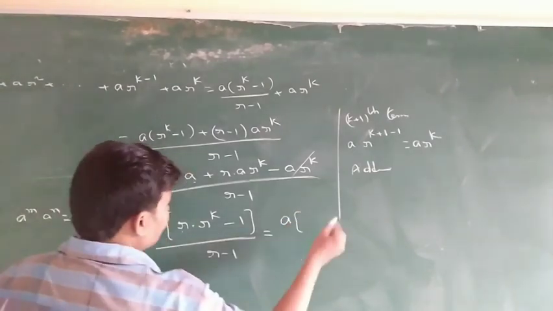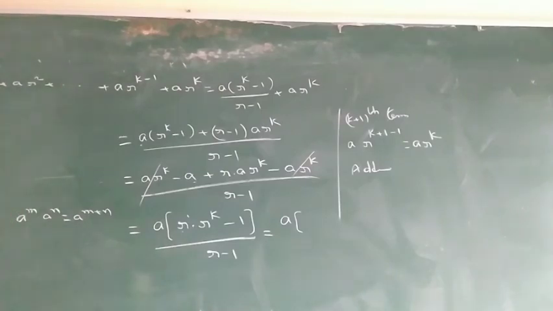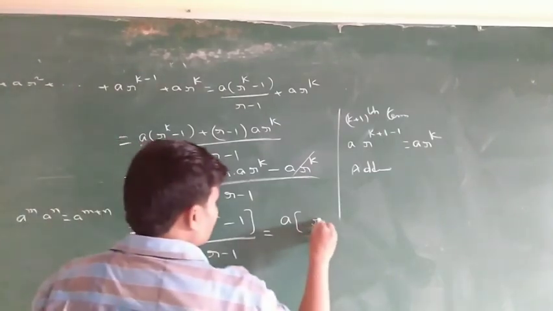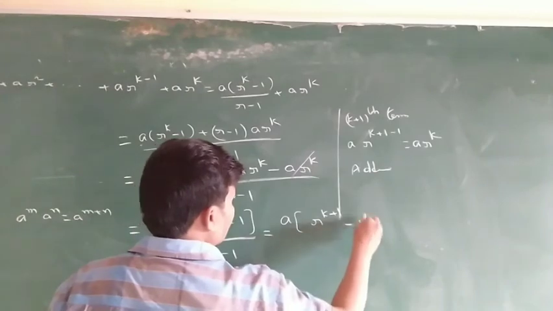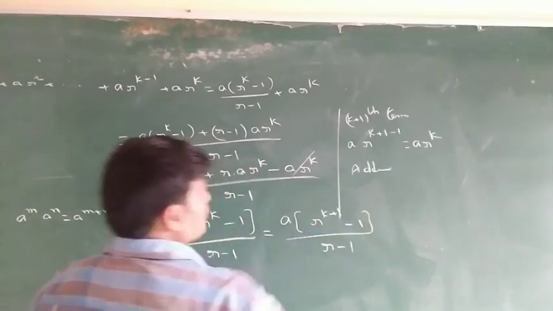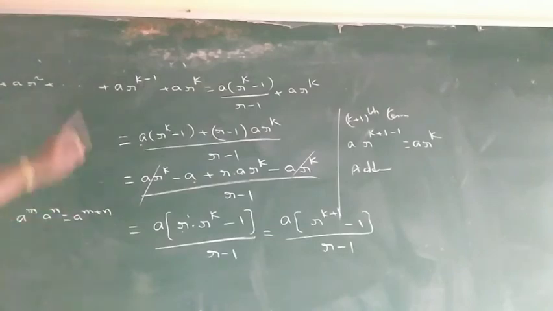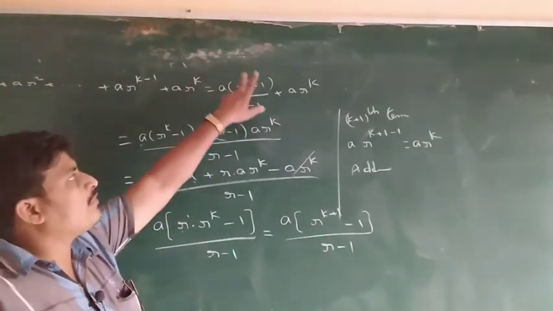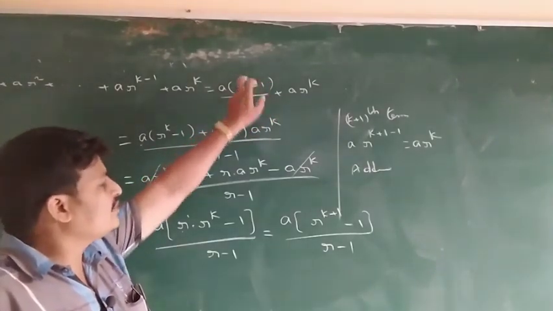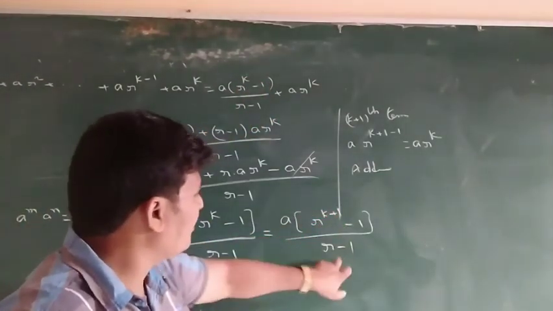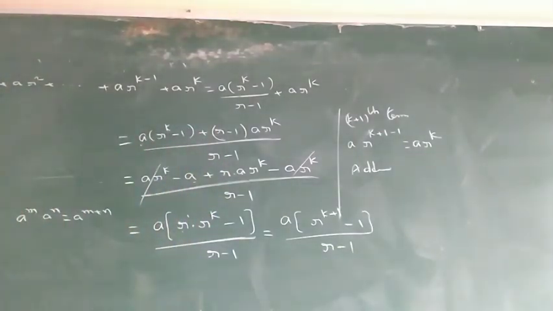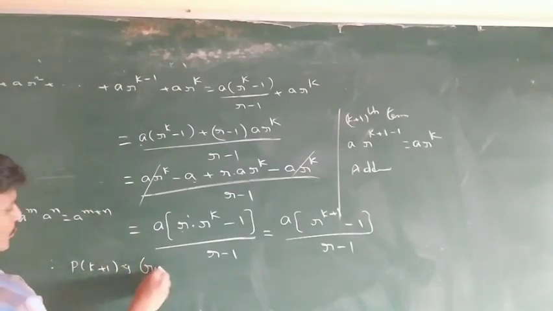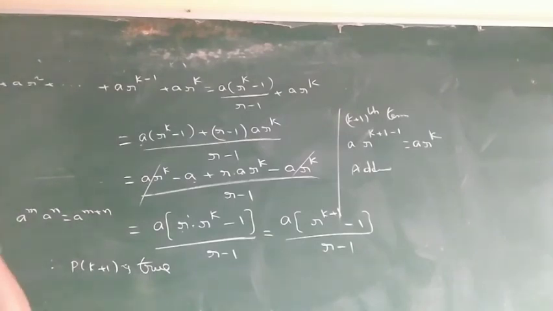So that is equal to a into r power k into r power 1, r power k plus 1, so a into (r power k plus 1 minus 1) by (r minus 1). Now, what is the RHS of the given problem? A into (r power n minus 1) by (r minus 1). So n is equal to k plus 1. Remaining are same. So therefore P of k plus 1 is true. So by the principle of mathematical induction, the given problem is true.